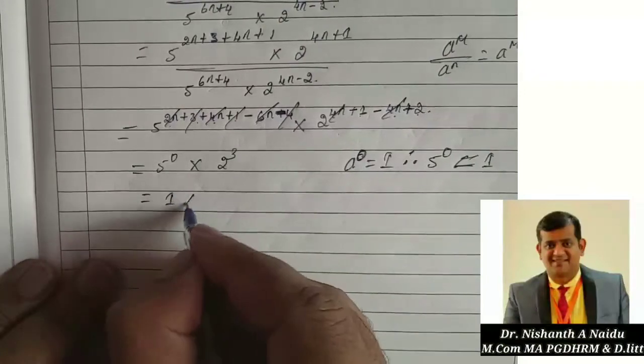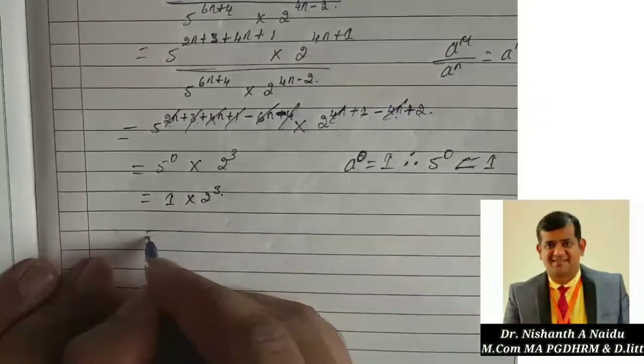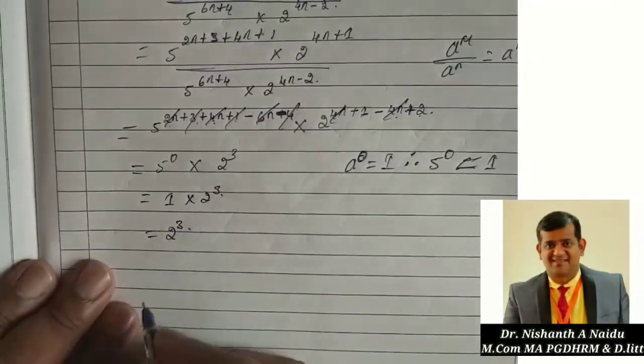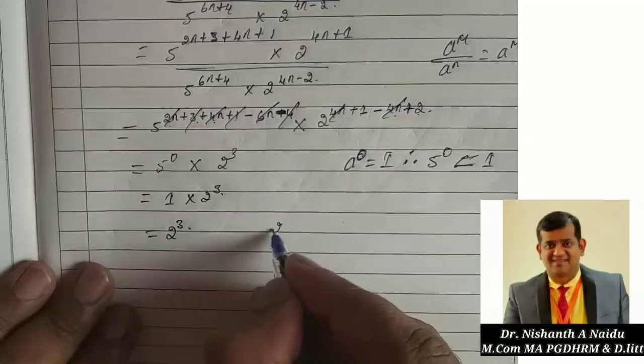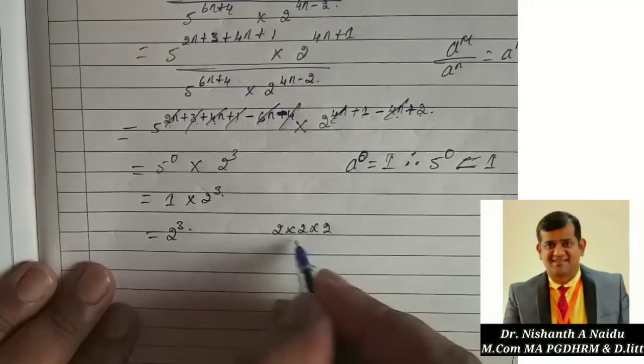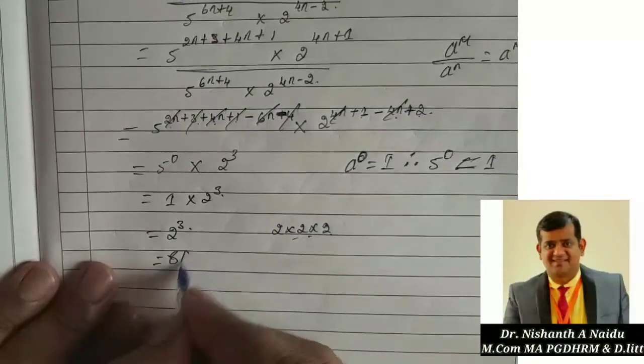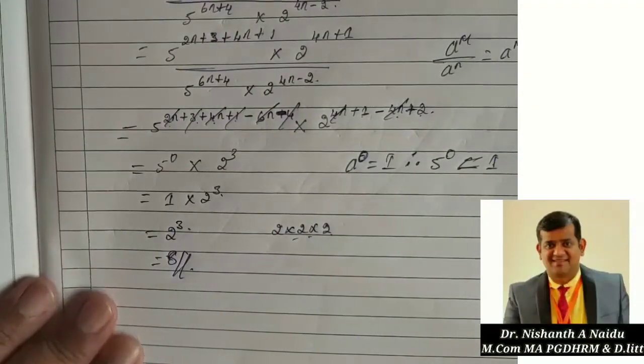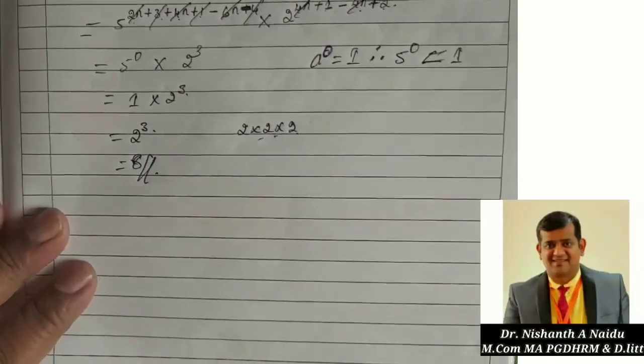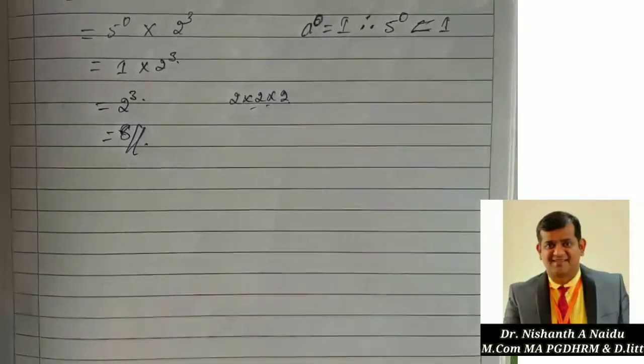So 1 into 2 to the power of 3 is equal to 2 to the power of 3. 2 to the power of 3 means 2 into 2 into 2. 2 2s are 4, 4 2s are 8. So the ultimate answer is 8 for this problem.